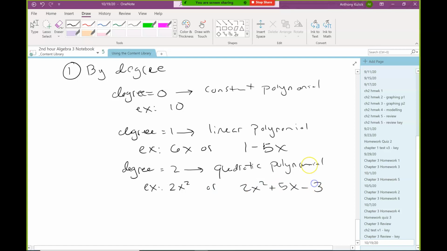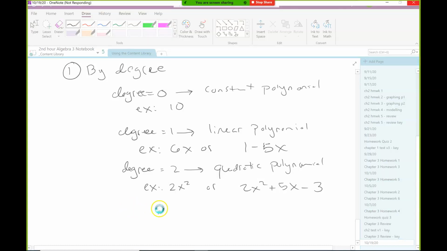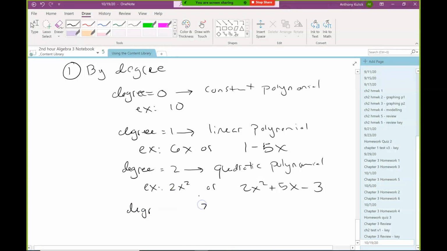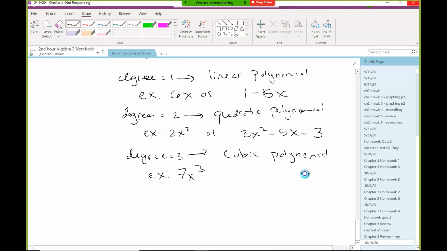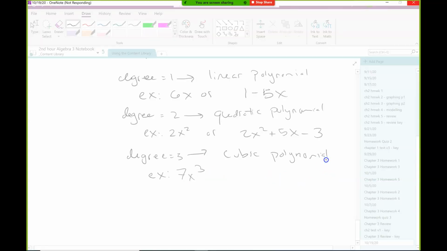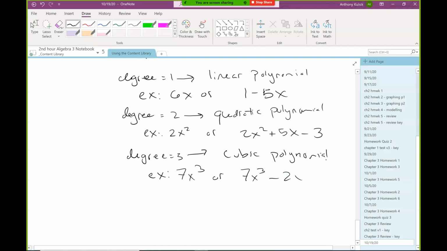If the degree is 3, we call this a cubic, or 7x cubed minus 2x plus 5.